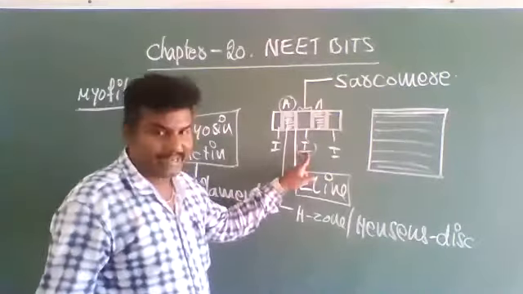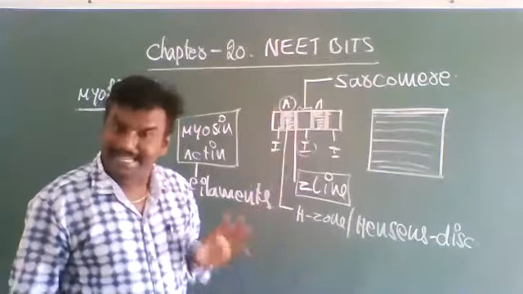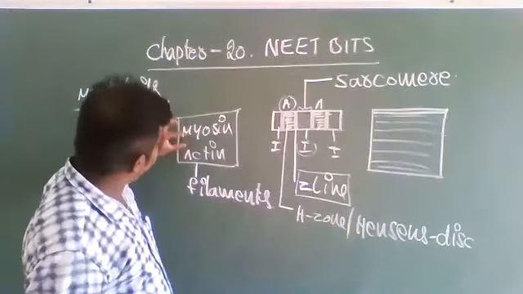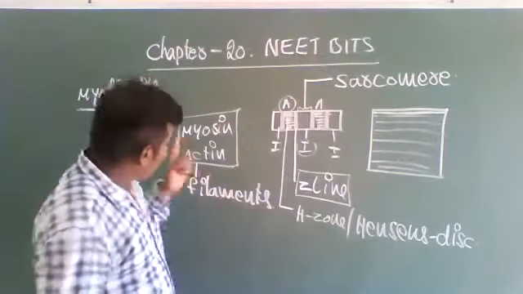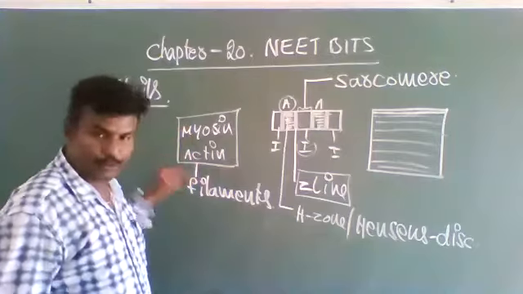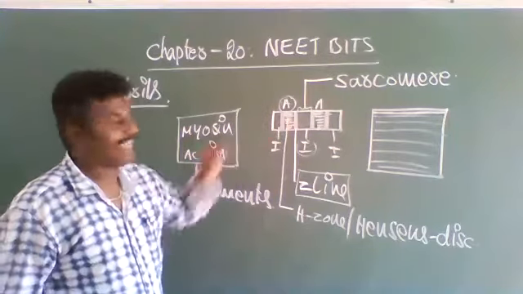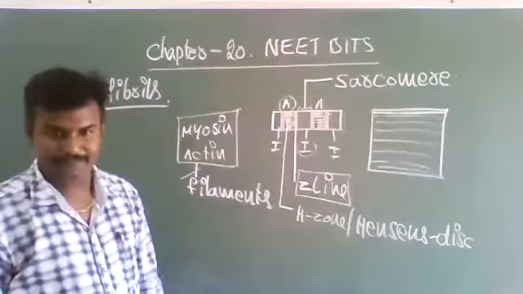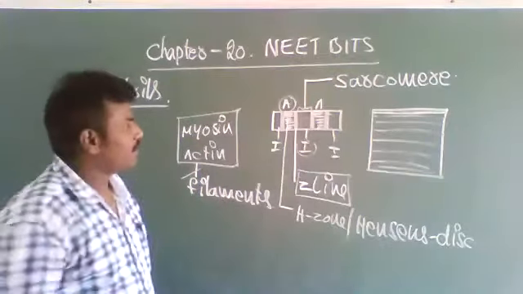Okay, the I band and A band contain two special types of proteins, actin and myosin. Due to the presence of these two proteins, the I and A bands appear to be filaments.